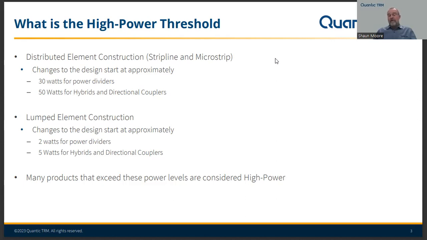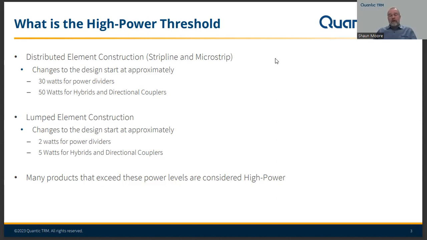The heat limiting factor here has to do with the ferrite beads. Most beads used in conventional broadband lumped element construction techniques are very small, and the flux density in that bead needs to be managed.